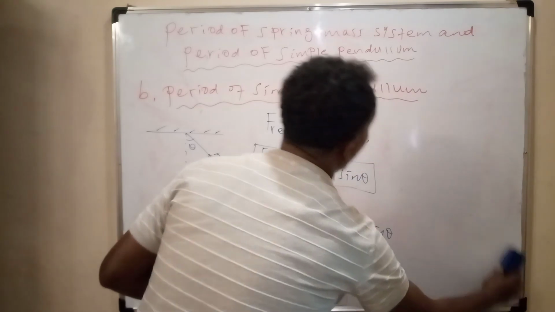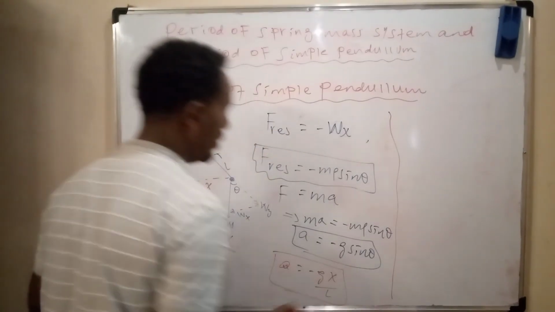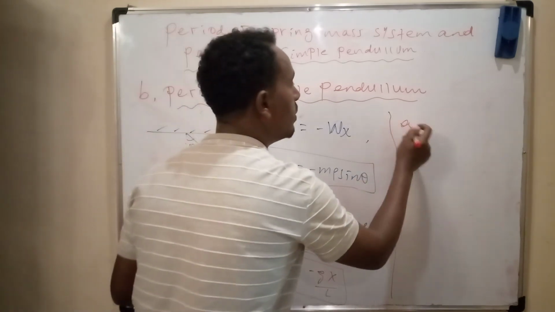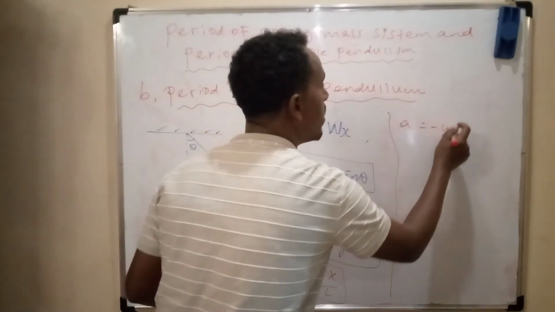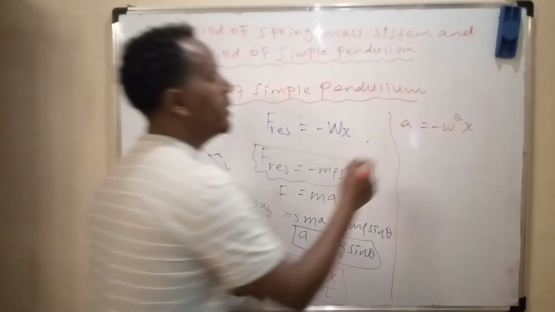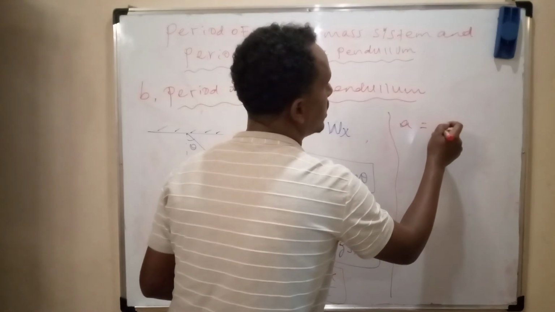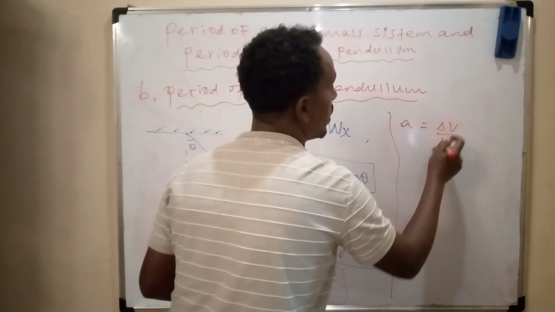Another expression for acceleration is acceleration equals minus omega squared times x. This is the derivative. Simply, acceleration is equal to change in velocity over change in time.